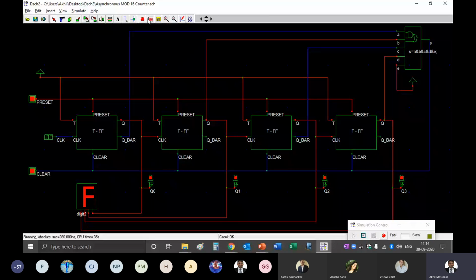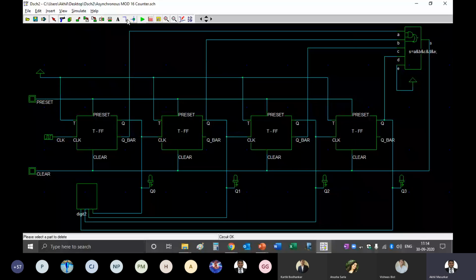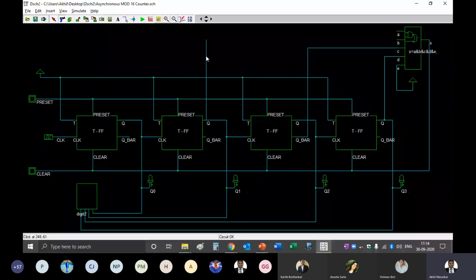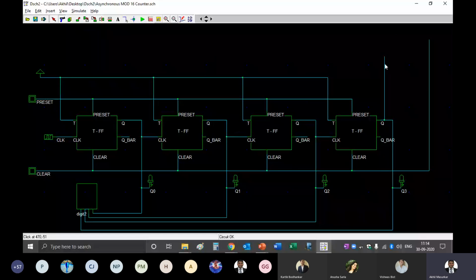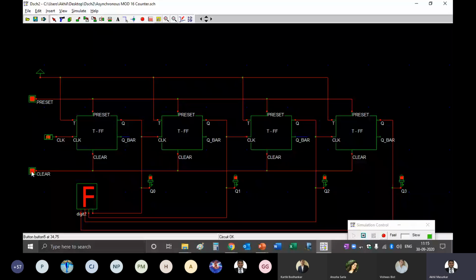Just solve it. I'm just clearing it. So you can see it starts from 0.